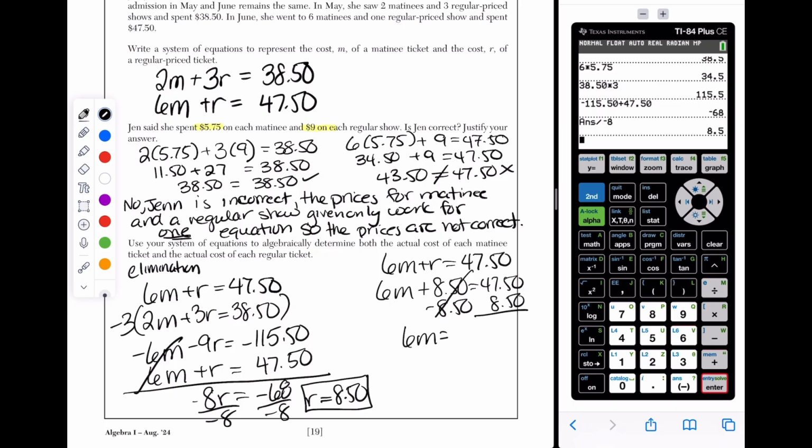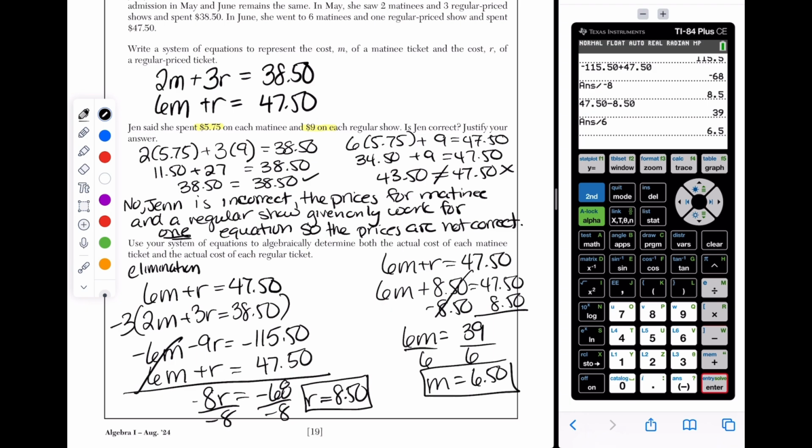And again, you're probably super tired. So instead of rushing, use your tools. So that equals 39. Divide both sides by 6. M is equal to, in this case, 6.50.